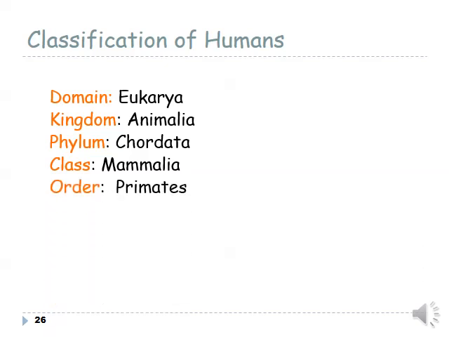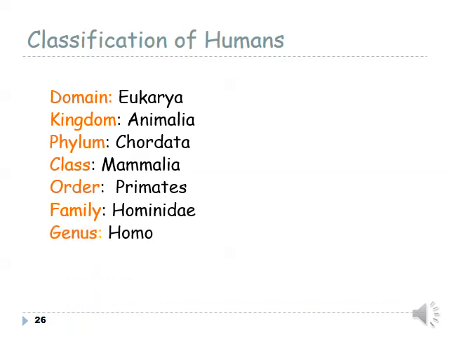The order is primates. Primates are organisms that have opposable thumbs that allow them to grip or grab objects, and also have large cerebral hemispheres. The family Hominidae includes humans, chimpanzees, gorillas, as well as orangutans.